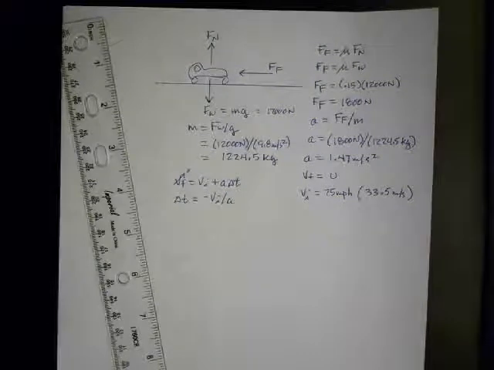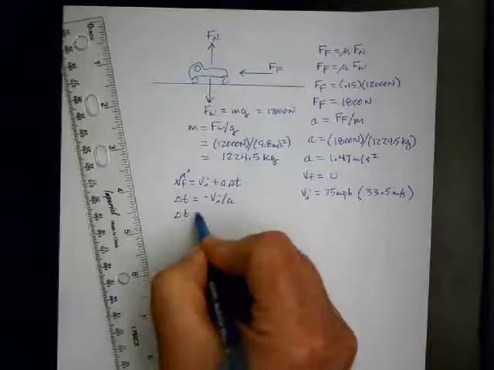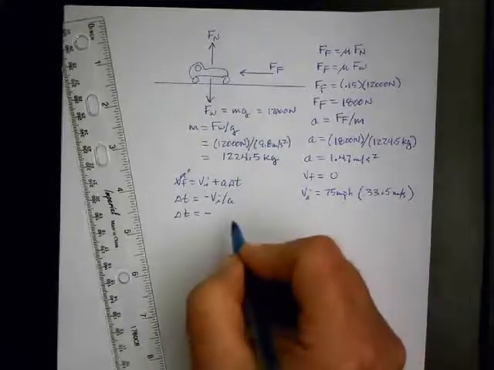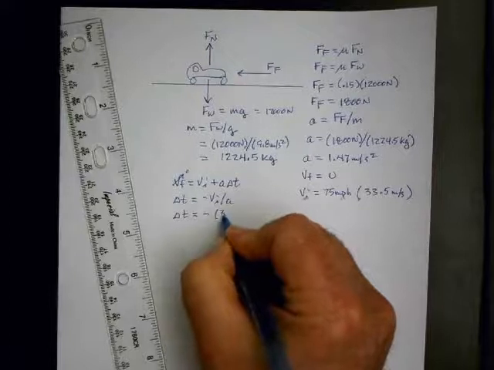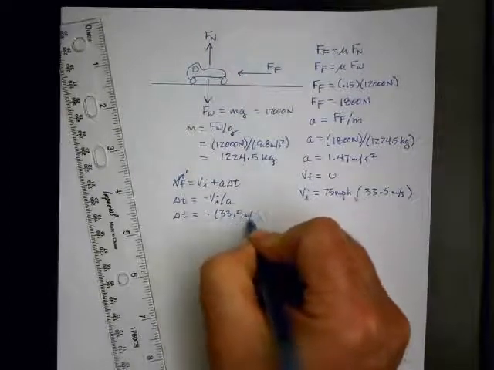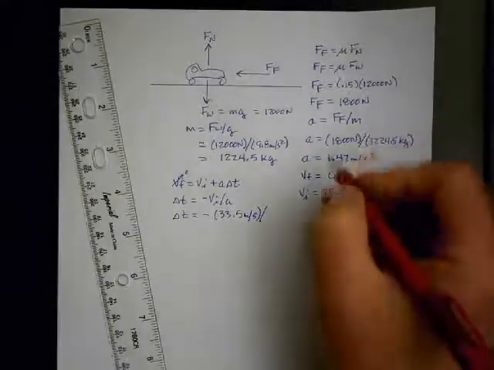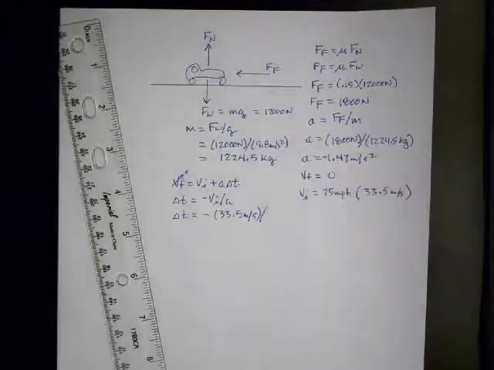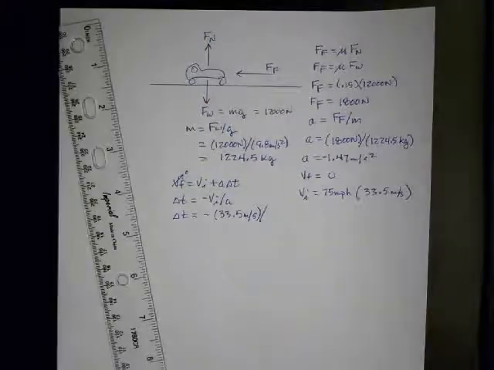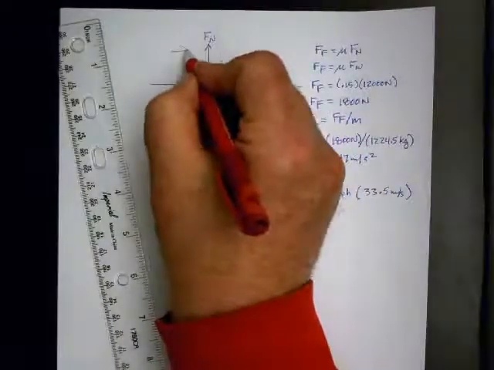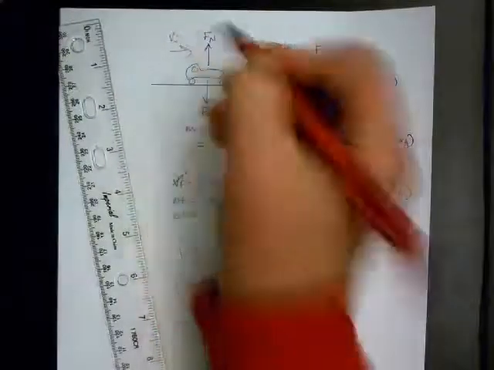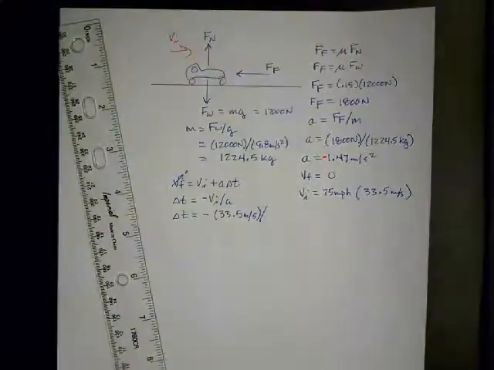delta t. Now, at this point, you might be thinking, well, wait a minute. My VI is positive. What about my acceleration? Please note, I did not get it through the math, but from directions, the car is moving this way. Force is in the opposite direction. The force is slowing me down.